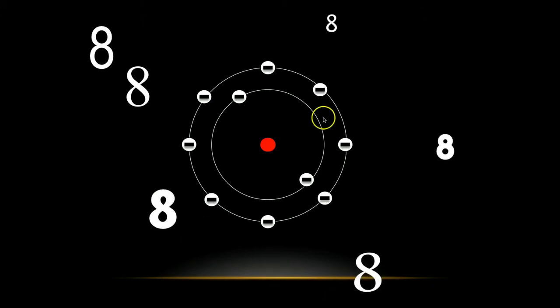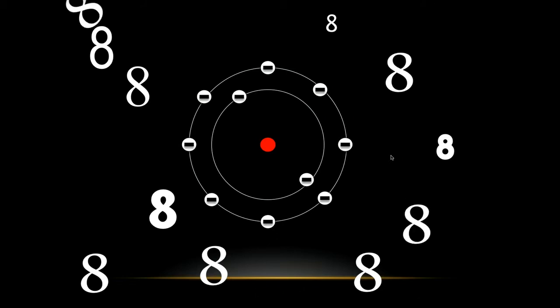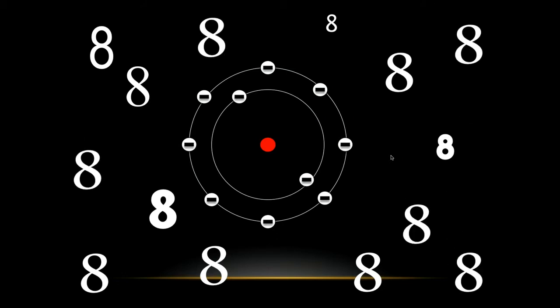When an atom has 8 electrons in its outer shell, that shell is full. That's what all atoms on the periodic table are seeking to be like. When it has 8, we say that it's happy. That last shell is filled.